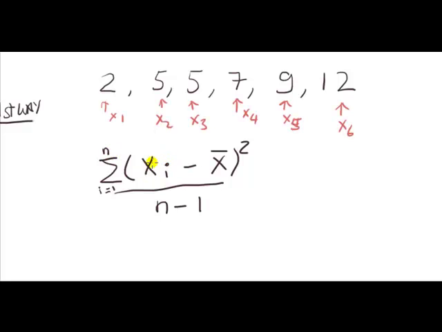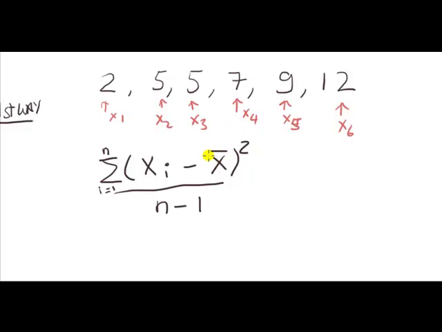So the xi's are just labels of the numbers. I could call this x1, this could be x2, x3, and so on. It doesn't matter how we label these numbers so long as each one of them is only labeled once.